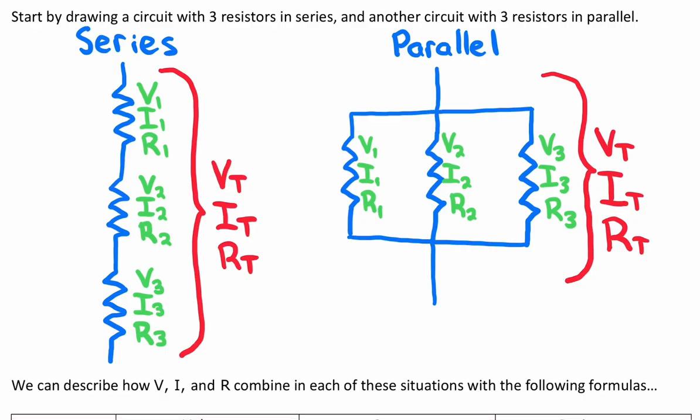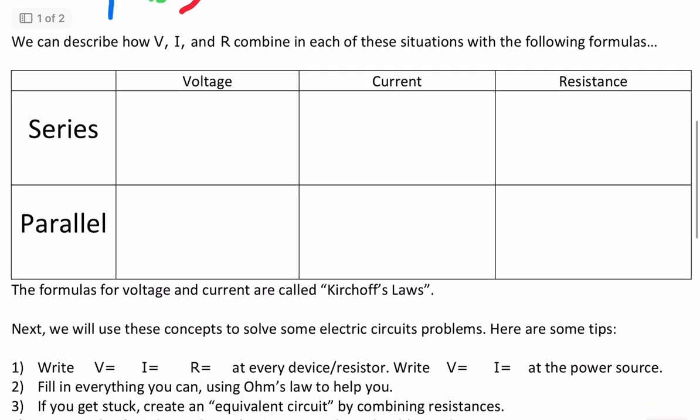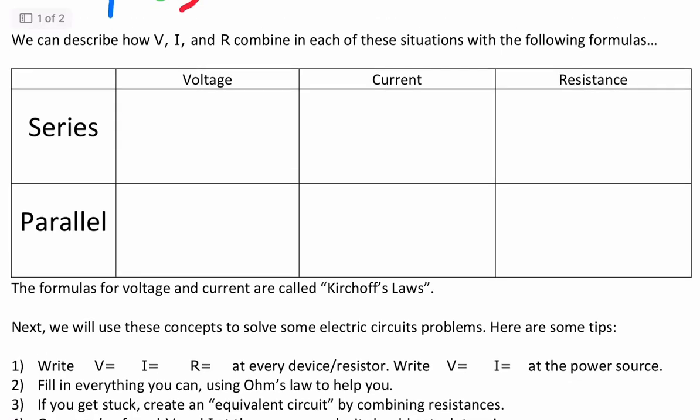And the formulas that tell us how these total resistances and voltages and currents can be calculated are as follows. In series, the voltages add up. So the total voltage is the voltage at the first resistor plus the voltage at the second resistor plus the voltage at the third resistor, and onwards if you were to have more resistors.